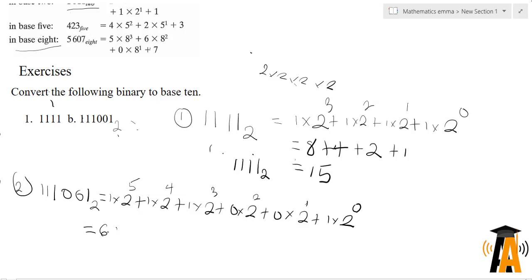So 2 to the power 5 is 32, plus 2 to the power 4, we have 16, plus 2 to the power 3 is 8, plus, already when 0 is multiplied by any number it gives 0. So we have 0 here, 0 here, and we have 2 to the power 0 is 1 times 1. We have 1.